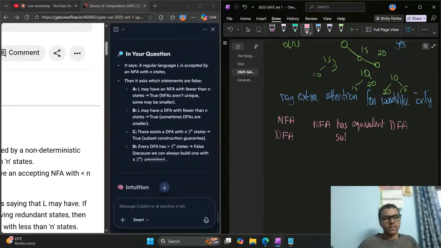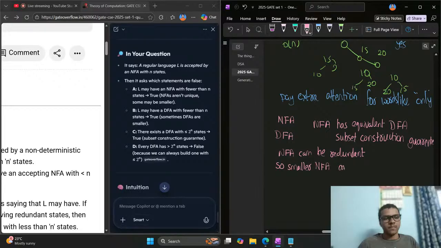Subset construction guaranteed. NFAs can be redundant, so smaller NFAs are possible. That being checked out.